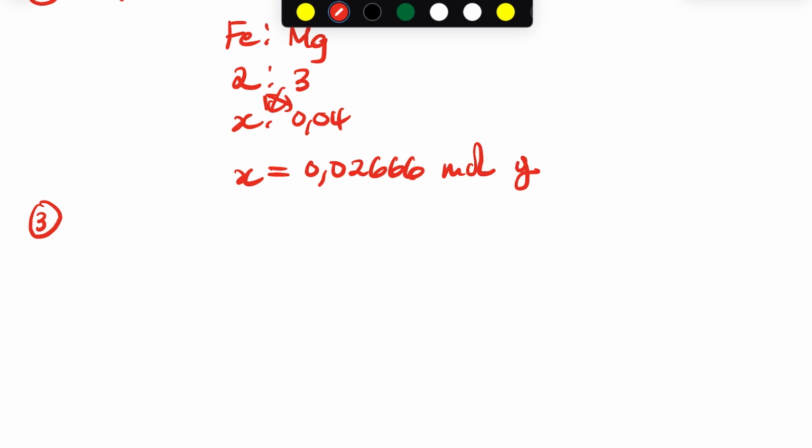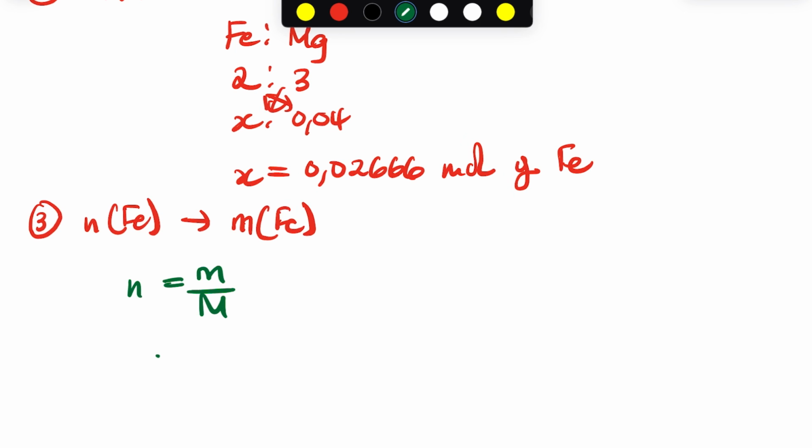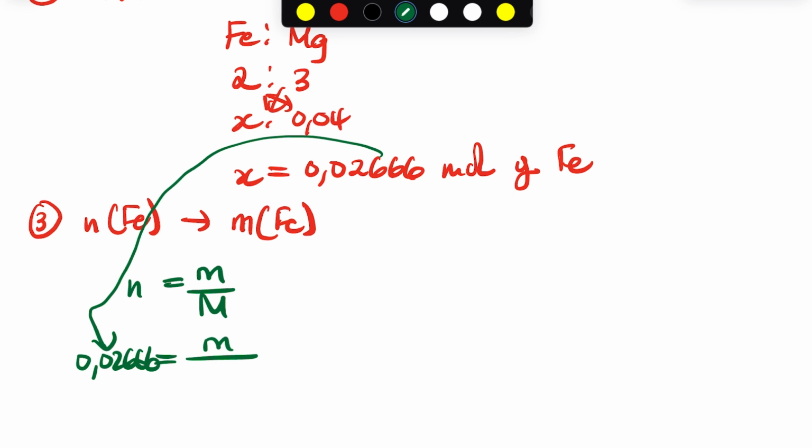This is the number of moles of iron, right? So I'm going to change the number of moles of iron to the mass of iron. That's the mass change of iron. I'm going to say number of moles is equal to mass over molar mass, and the number of moles is 0.02666, which I still have in my calculator, and then I want the mass and the molar mass of iron. The molar mass of iron is 56. Let me double check.